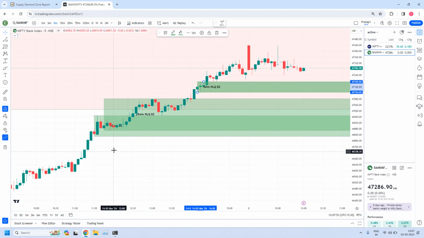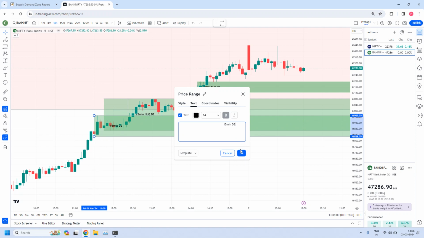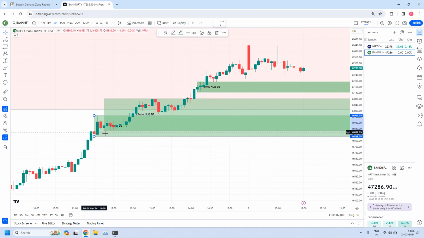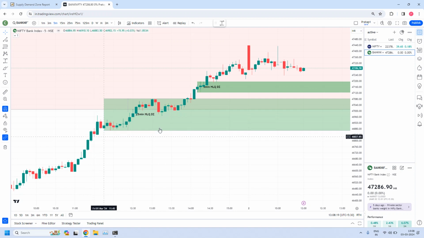So within this, what is this zone? The 15 minutes demand zone. This 15 minutes demand zone is not a high liquidity zone, but we have shown some interest in this because it is holding the prices. Actually, the reason is not this 15 minutes demand zone. The reason is this 5 minutes demand zone. Let me delete this 15 minutes demand zone and draw this 5 minutes demand zone.